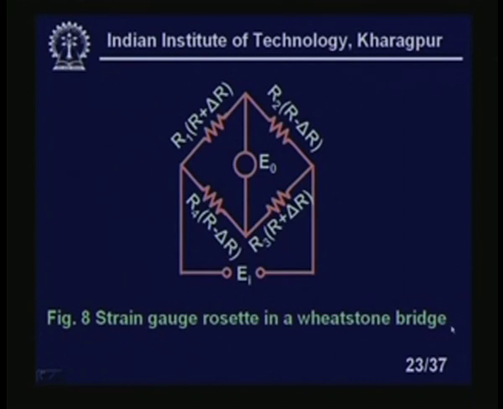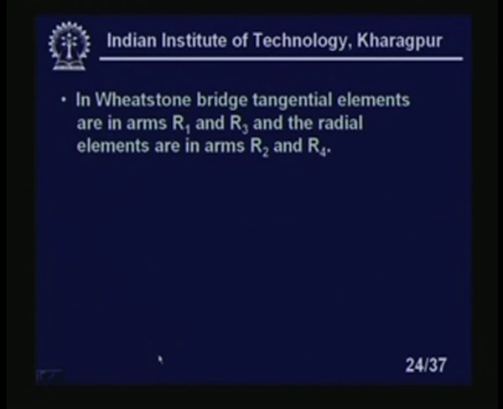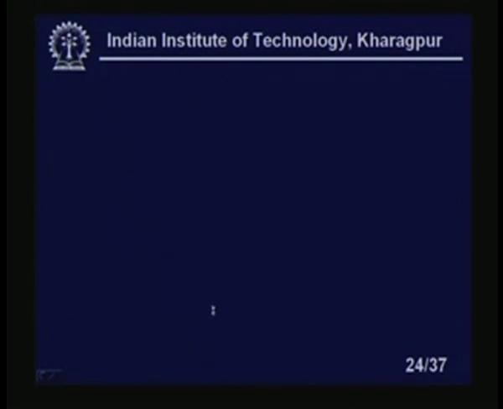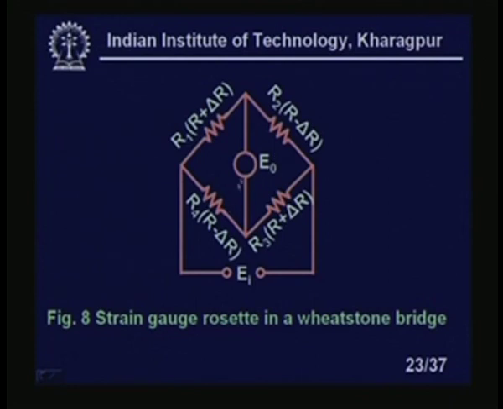With the strain gauge rosette in a Wheatstone bridge, tangential elements are in arms R1 and R3 and radial elements are in R2 and R4. R1 and R3 are positive.